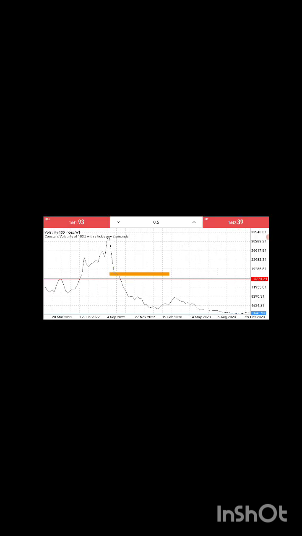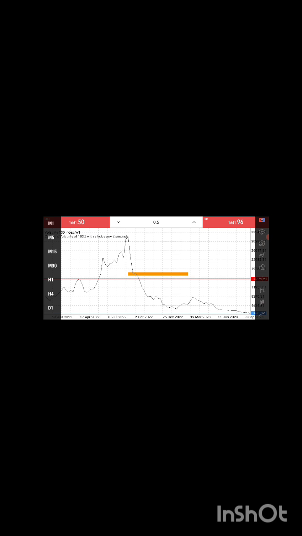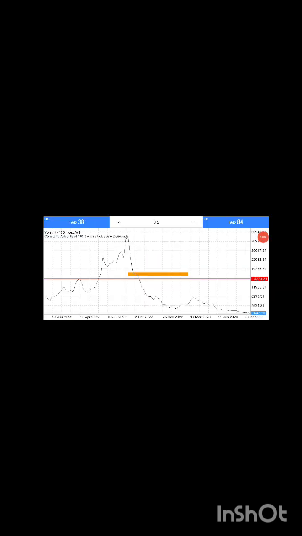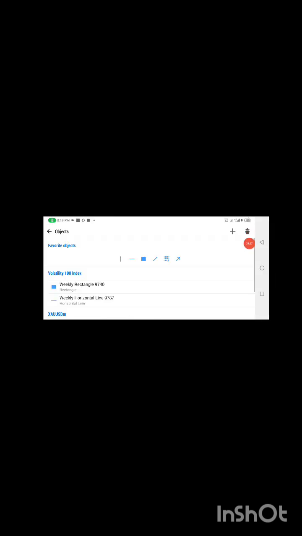So basically, let's assume you have big equity and you have already placed a 10 lot size here, and then the market creates another range.